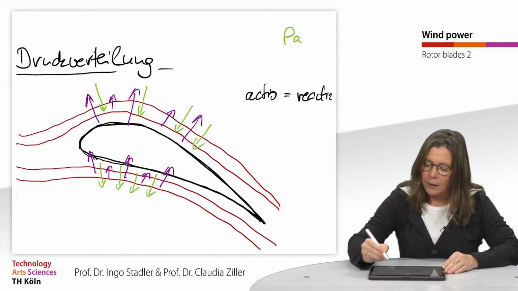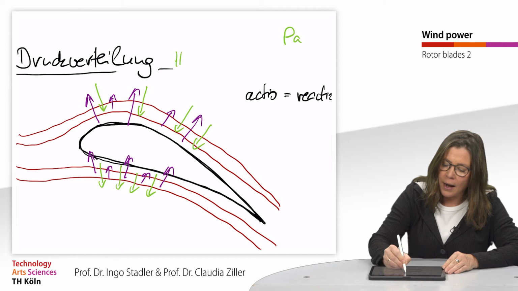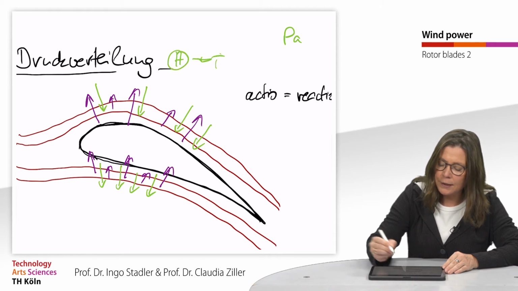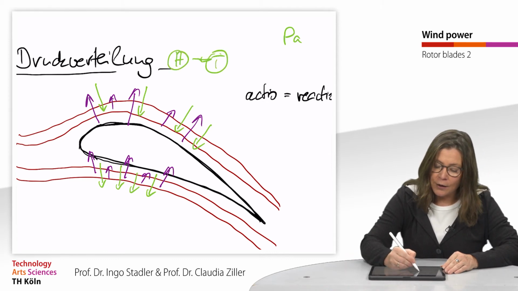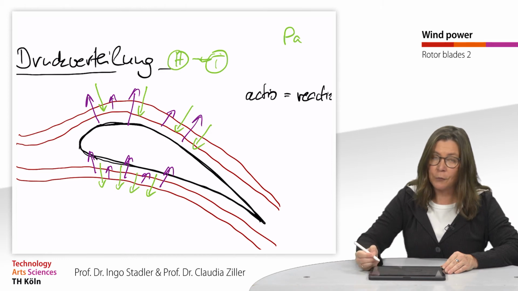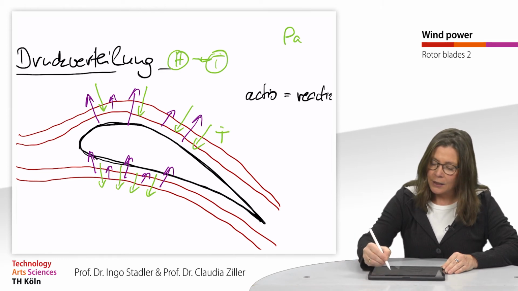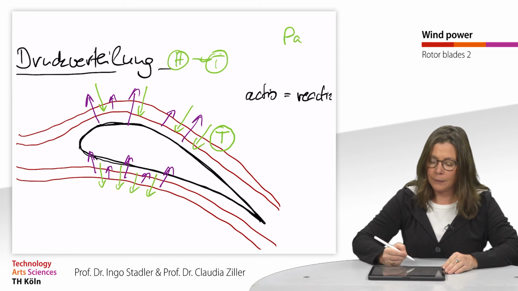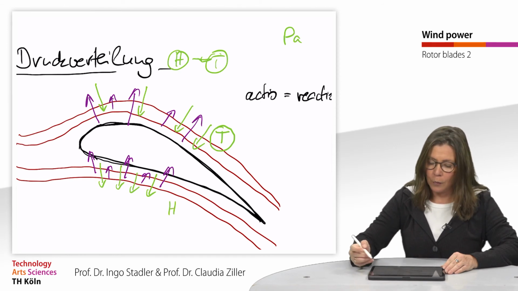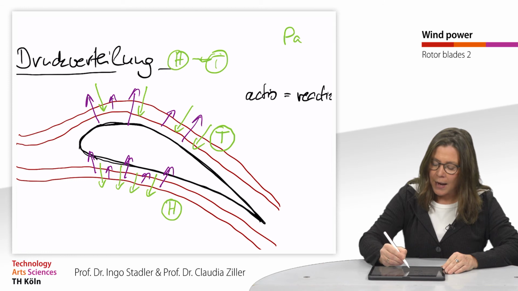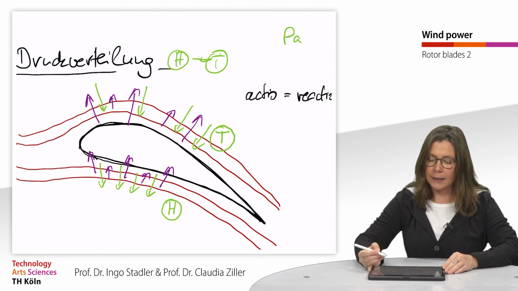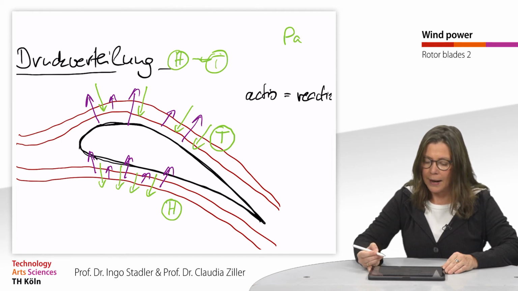And you have fluid flow from high to low, and looking at the direction of these pressure gradient forces, you have low pressure in this area above. And the same below the airfoil, this direction shows from high to low, so you have high pressure in this area.